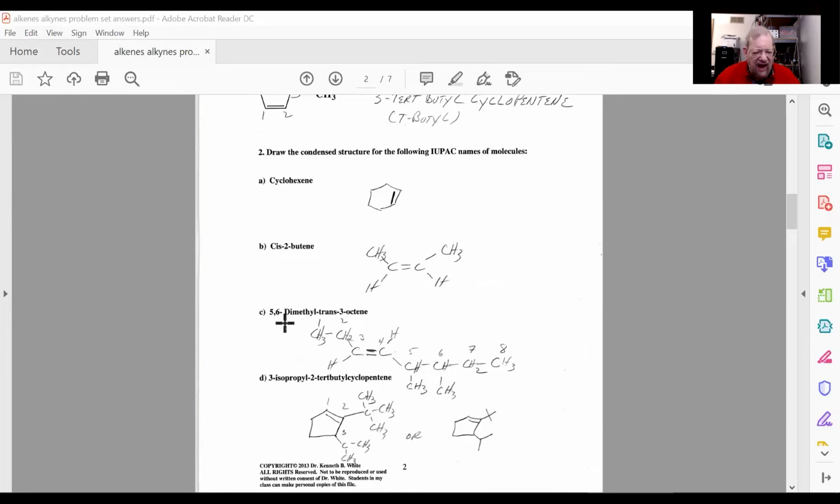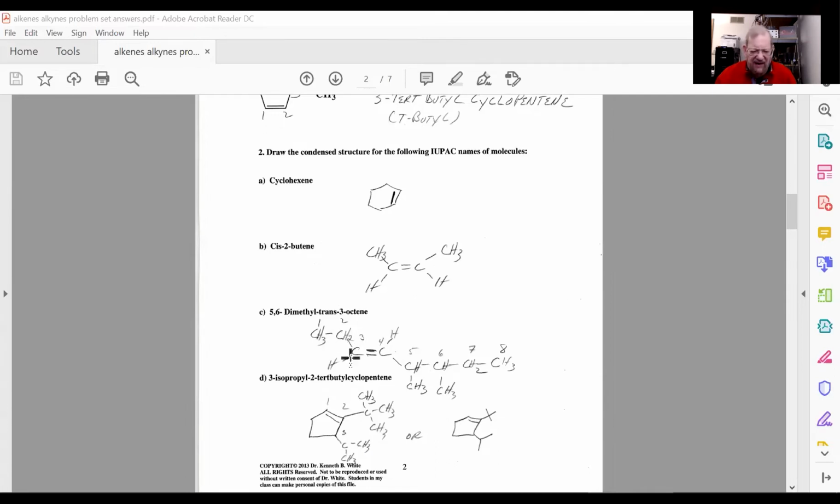And if we look at C, which is a little more complex, you start from the right, move left. ENE ending, octene, double bond. That were ANE, octane, 8 carbons. Where's the double bond? Carbon 3. 1, 2, 3. I have my double bond, carbons up here, first two.